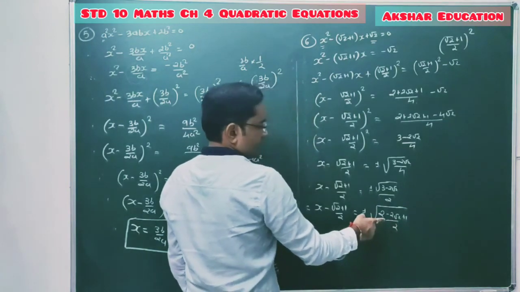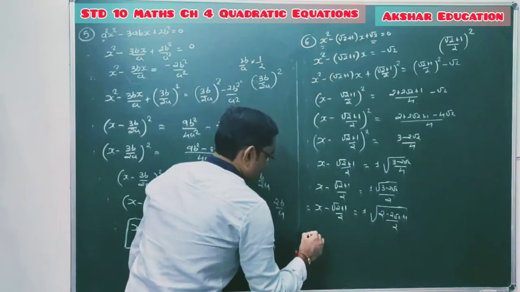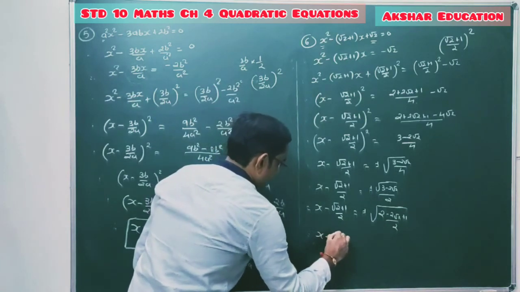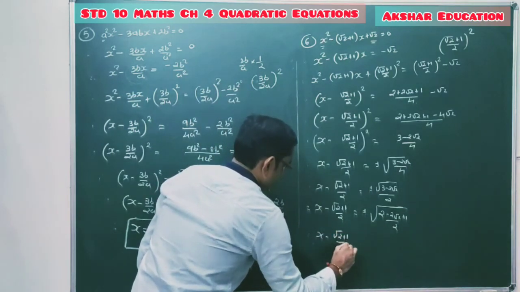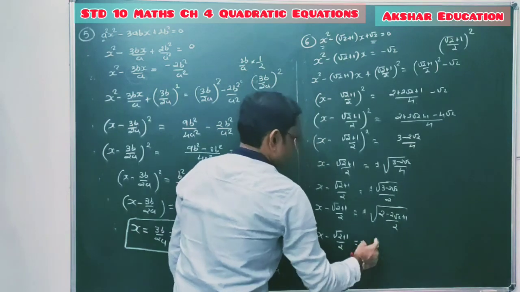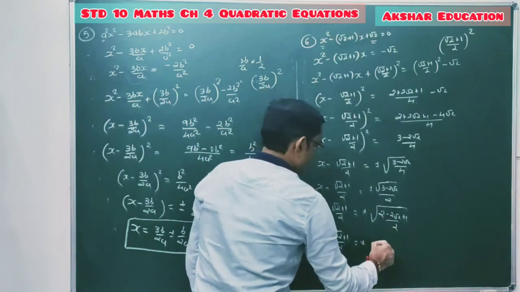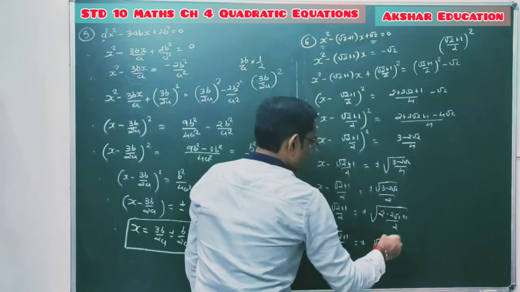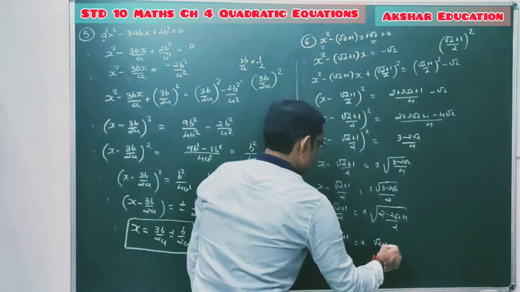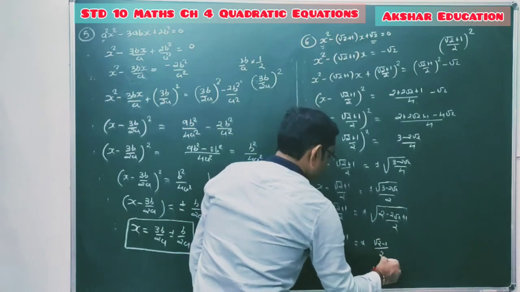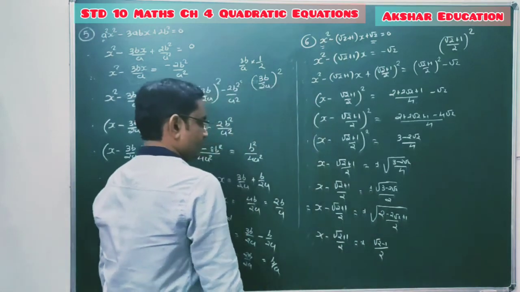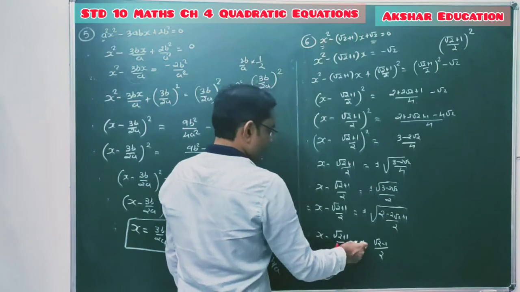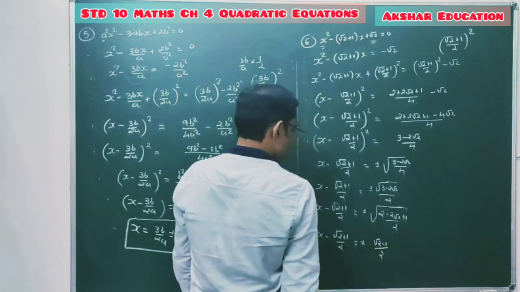Do the expansion. So x minus (root 2 plus 1) by 2 equal to plus or minus square root of (root 2 minus 1) whole square, divided by 2. The square root will cancel the square. So x minus (root 2 plus 1) by 2 equal to plus or minus (root 2 minus 1) by 2.